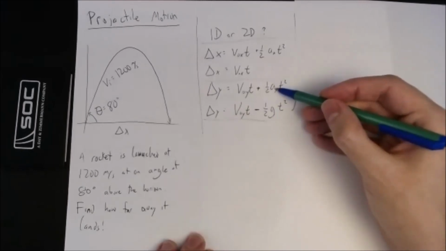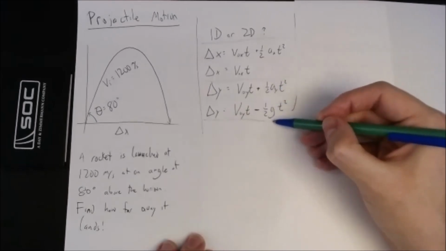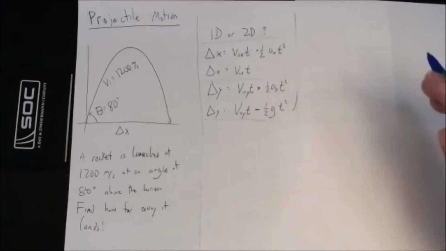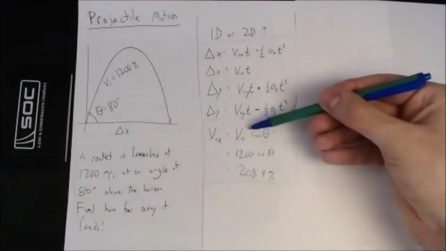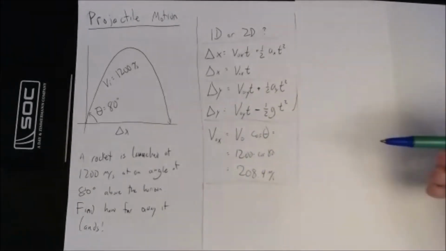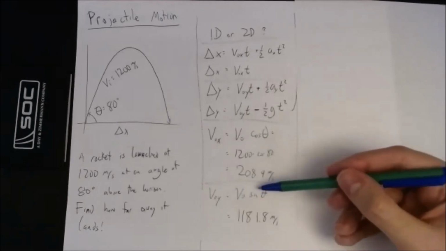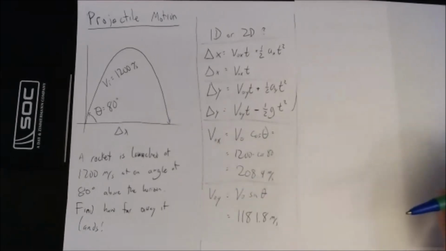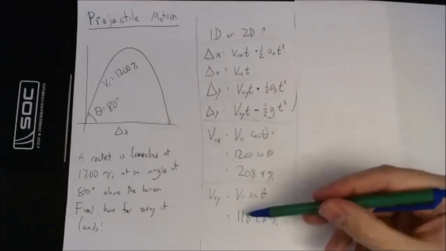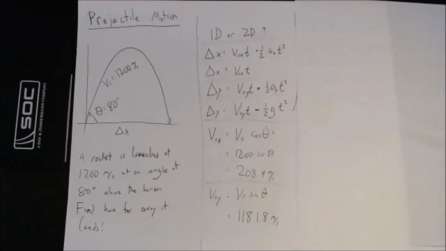I replaced a y with negative g. So the negative went out there, and we have the g there. We get v naught x, v naught cosine theta, plug in the numbers, 208.4 meters per second. V naught y, we do the exact same thing with sine instead of cosine using SOHCAHTOA, and we get that.